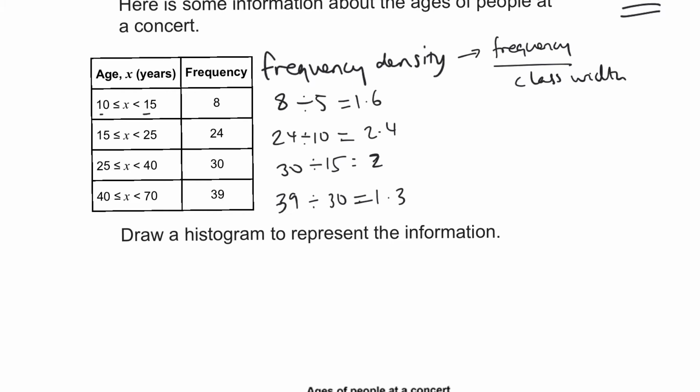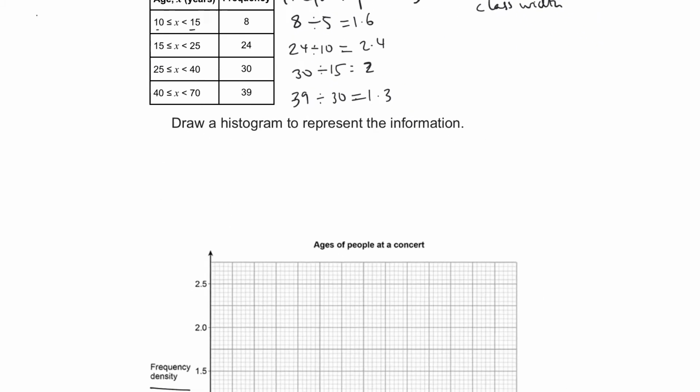The next thing is we need to actually plot it on. Remember, histograms are your bar charts that are squashed together. The first bar is 10 to 15, and the frequency density is 1.6, so that would be here. The next bar is from 15 to 25, and the frequency density is 2.4, so that would be there.